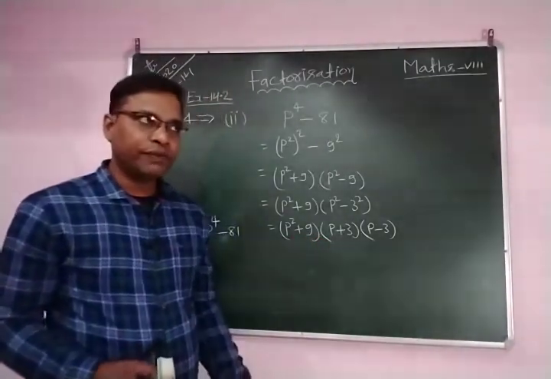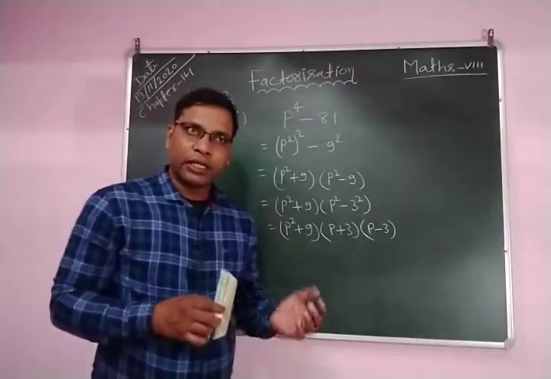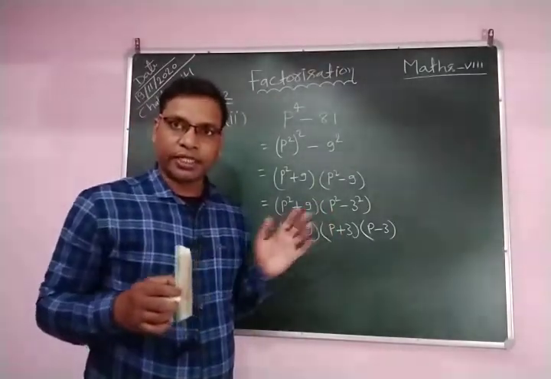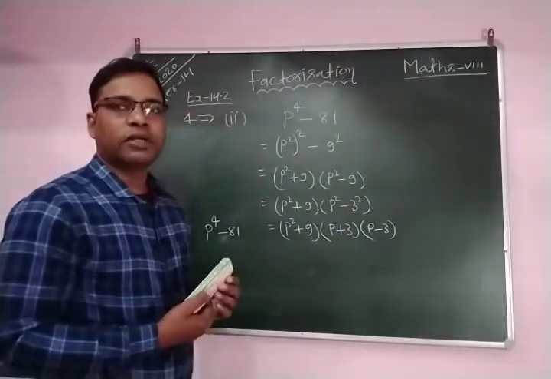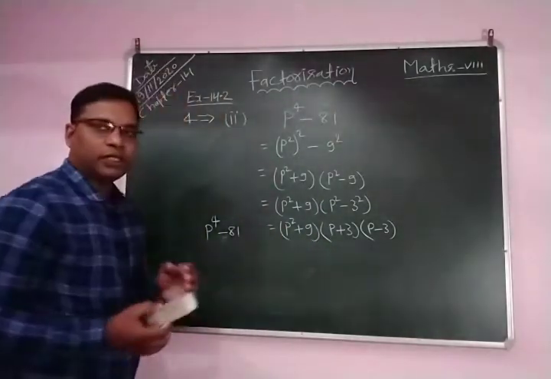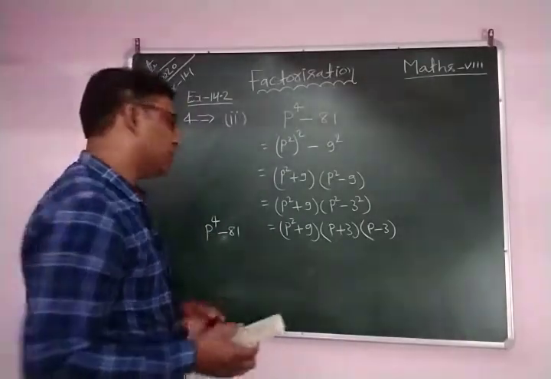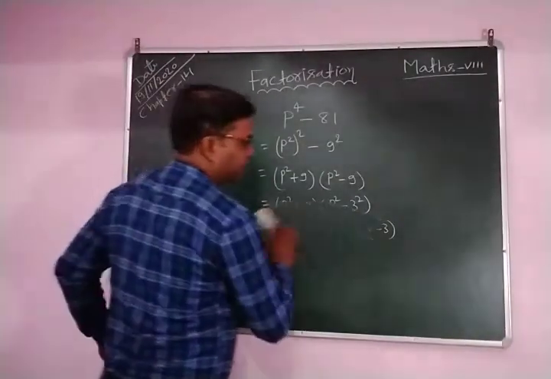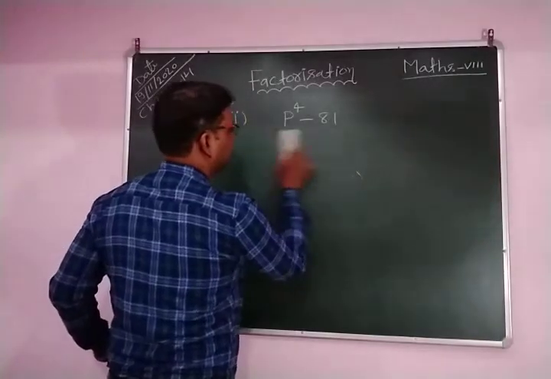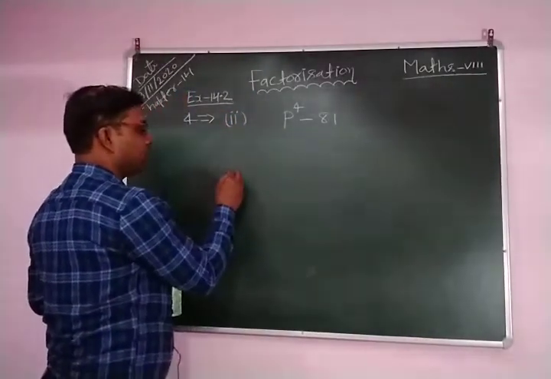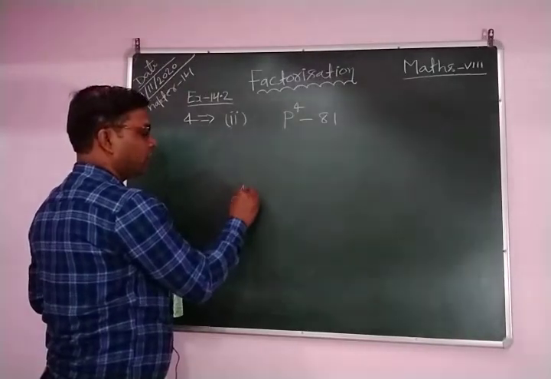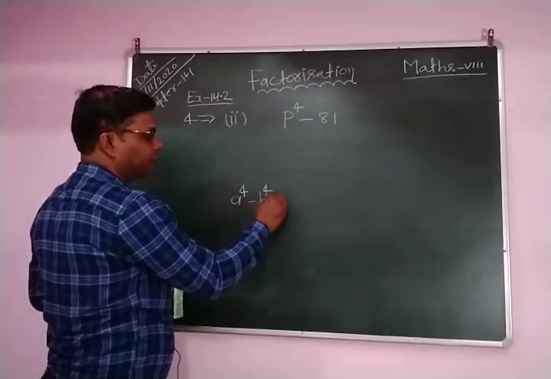Also we can use, if you use the first part of question number 4 as a formula, then you can solve so easily. Okay, so let's see how we can solve by using the part 1 as a formula. Okay, so what is the part 1? Part 1 of this question number 4 is given here: a to the power 4 minus b to the power 4 in general.